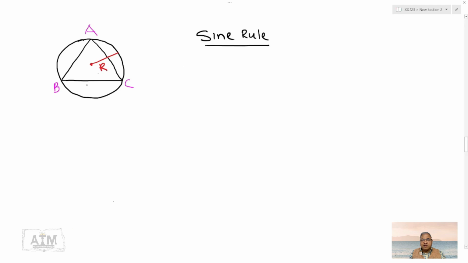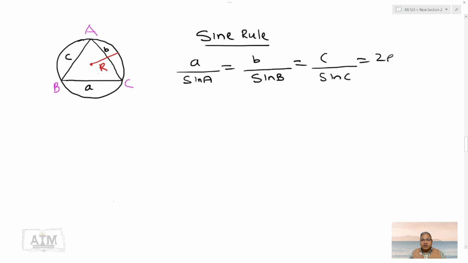According to the sine rule, let us call this side a, this one c, and this length is equal to b. So the sine rule formula is a upon sin A equals b upon sin B equals c upon sin C equals 2R.